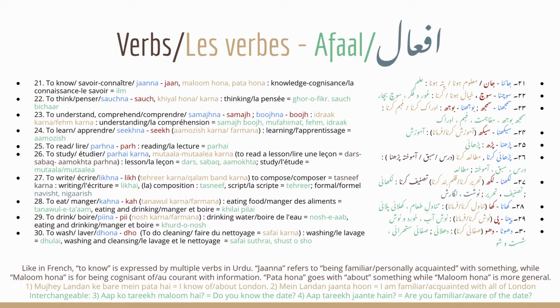To write is likhna, and a more formal way of expressing this is tahrir karna. To compose is tasneef karna. Writing is likhai, composition is tasneef, script is tahrir, and more formal ways of expressing writing are navisht and nigarish.